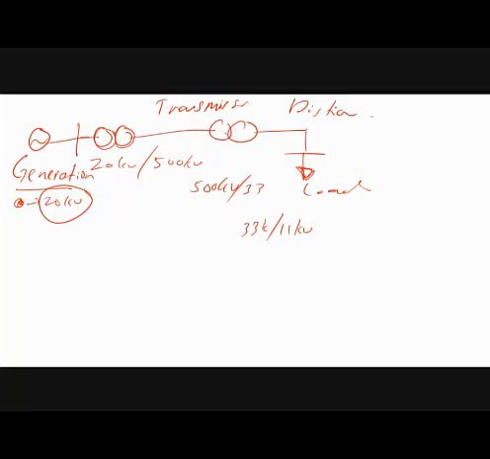Actually we don't have one transformer, we have several stages: 500 kV, 33 kV to 11 kV and so on. But in this case, to simplify the network, we just use generation, transmission, and distribution. So I just want to review the previous electrical power system subject.